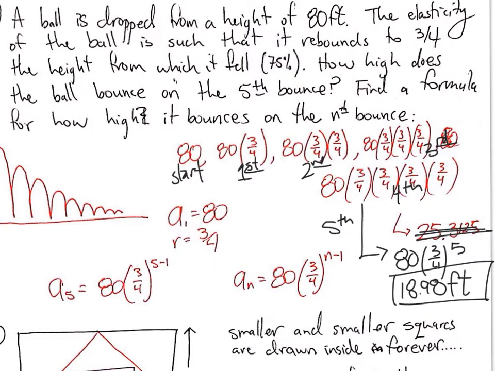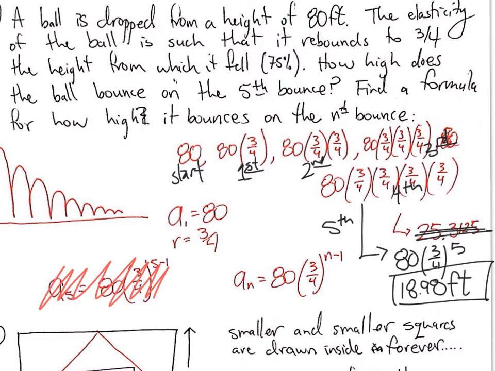The formula for, so this, don't write this. When I wrote this out, I was thinking this is the first bounce, but it hadn't actually bounced by that point. This is the first bounce, so I was off by 1.